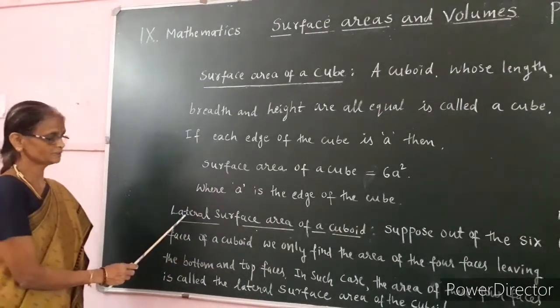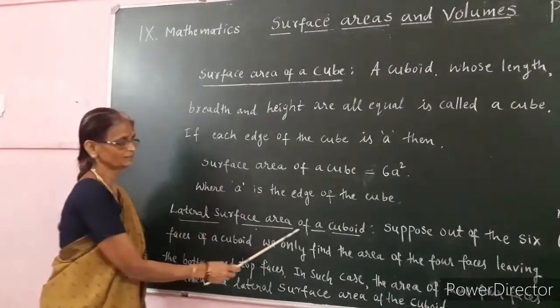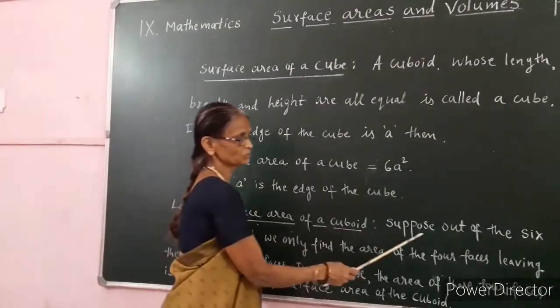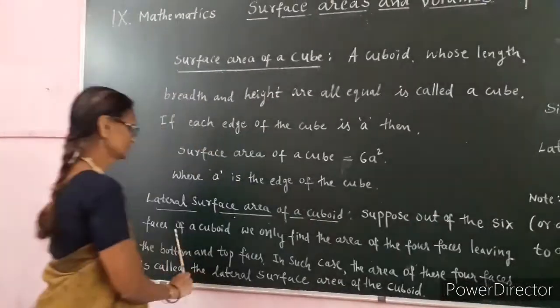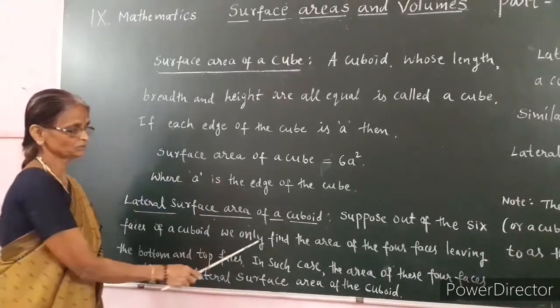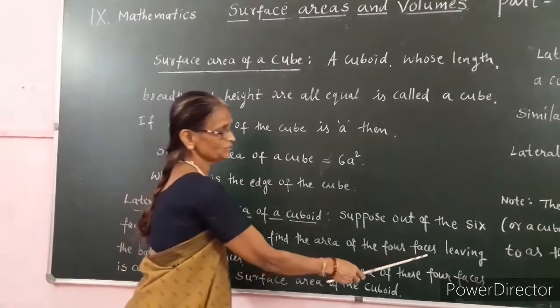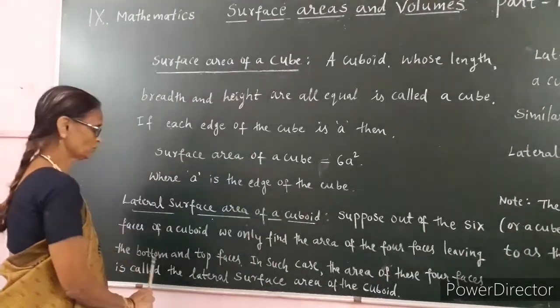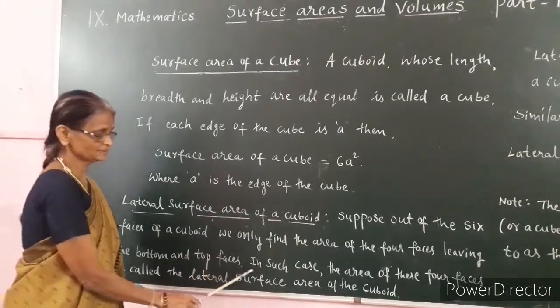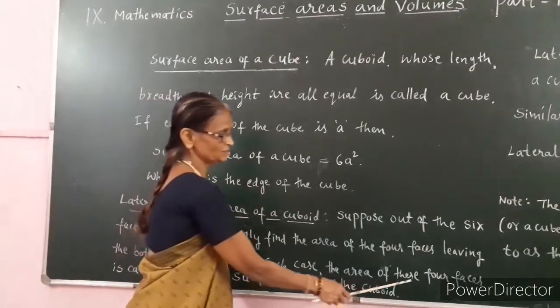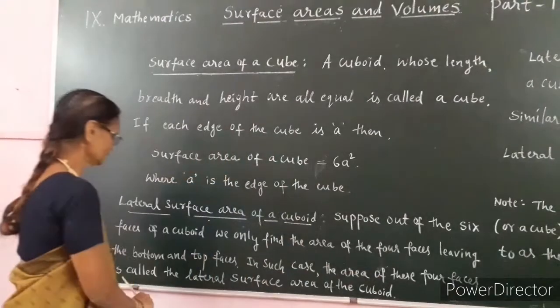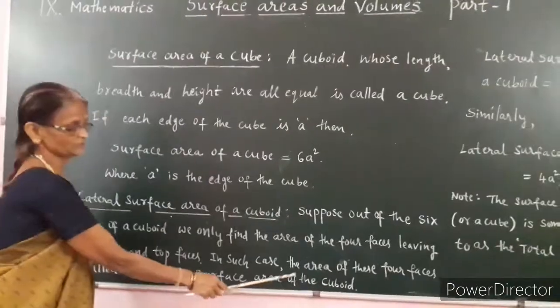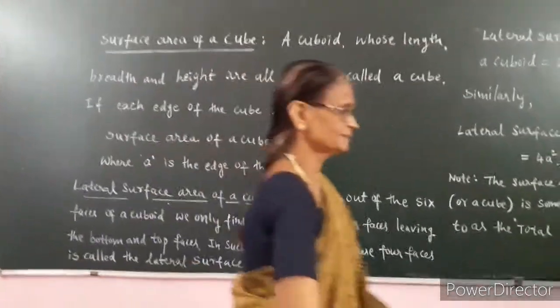The next topic is lateral surface area of a cuboid. Suppose out of the 6 faces of a cuboid, we only find the area of the 4 faces, leaving the bottom and top faces. In such a case, the area of these 4 faces is called the lateral surface area of the cuboid. Look at here, this is the cuboid.